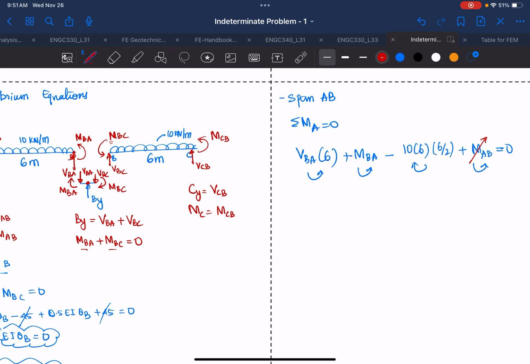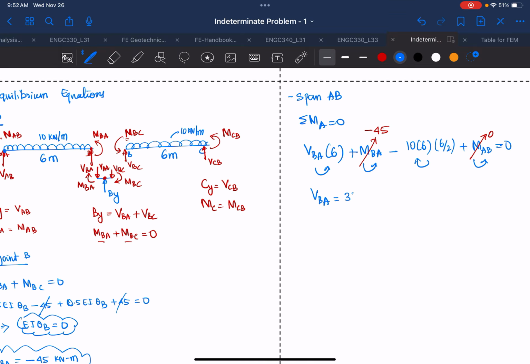And from here we know that this is 0 and this is minus 45, and if we do the calculation, you'll get VBA is equal to minus 45 minus 10 into 6 into 3, divided by 6, you'll get 37.5.